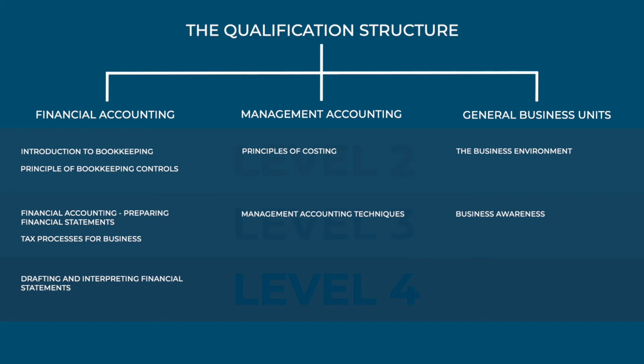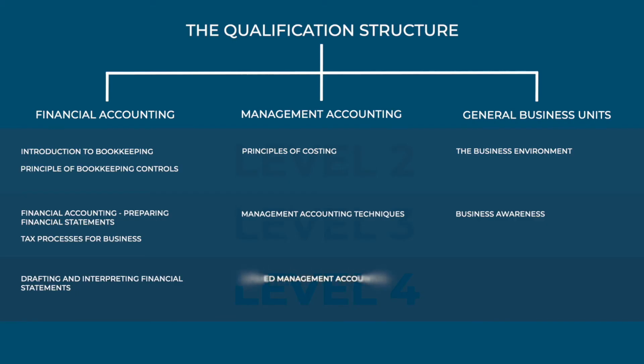This now takes us on to drafting the statements of limited companies and the production of consolidated accounts. You'll also need knowledge of the international accounting standards that govern the production of published accounting information and the skills to analyse and interpret the financial accounting statements.